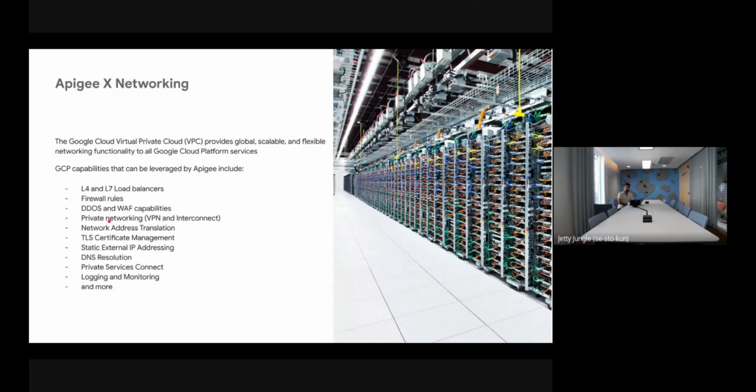And then you have all of these other networking capabilities like DNS resolution, static external IP addressing. All of these capabilities would be achieved by using GCP networking capabilities. And also, if you're logging, then you can use GCP logging and monitoring to log the data, and then use very detailed capabilities within GCP logging, for example, that certain logs will go to this bucket, but the sensitive logs will go to this bucket.